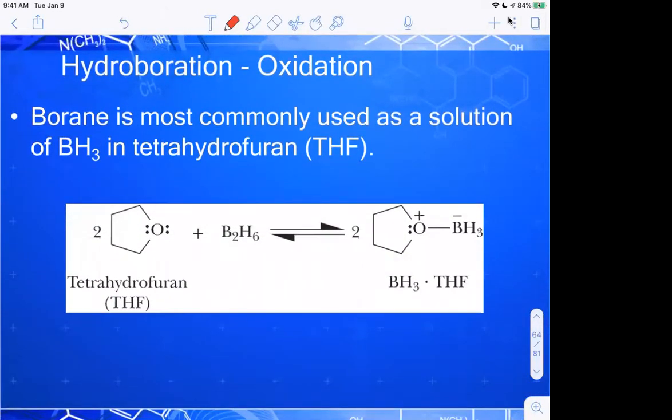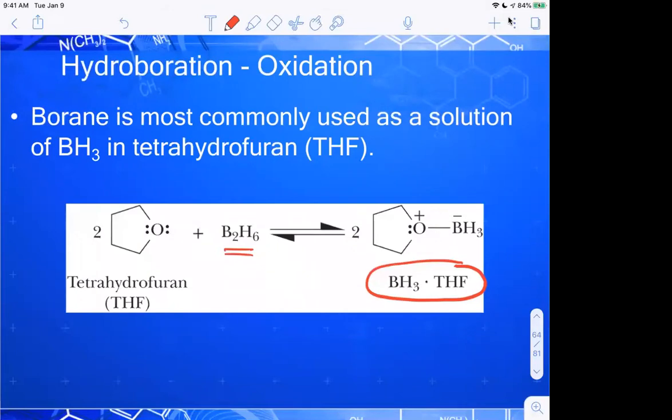Now, borane is most commonly used as a solution of borane in tetrahydrofuran. So this is sort of how you're going to see it written a lot. But you could also see something like that as well. This would be called borane tetrahydrofuran etherate.